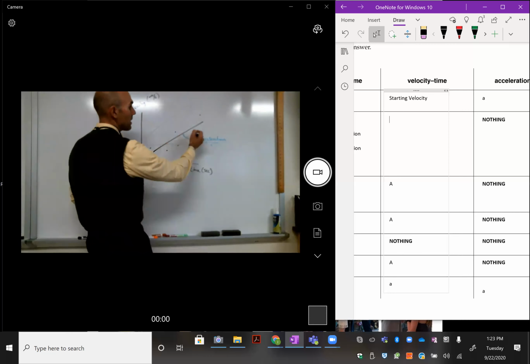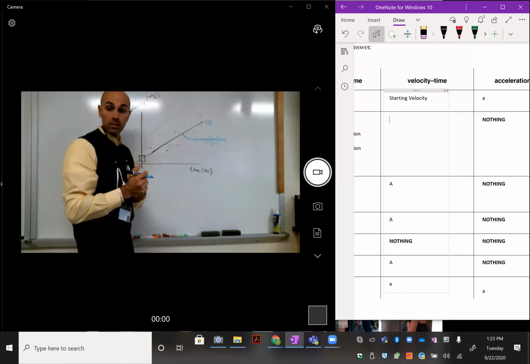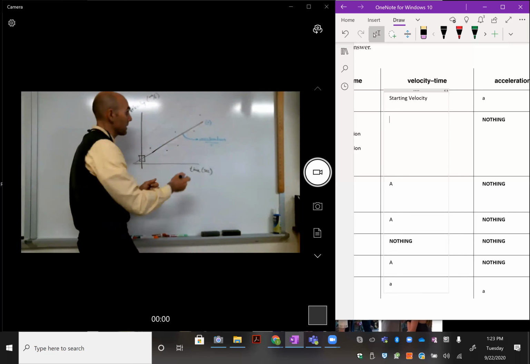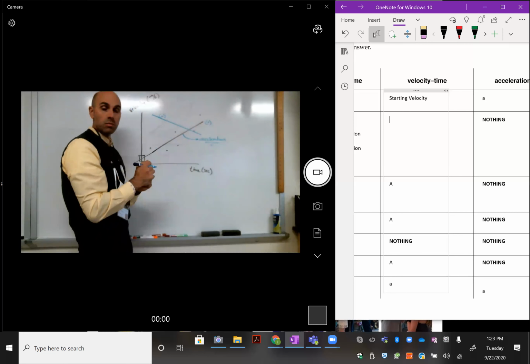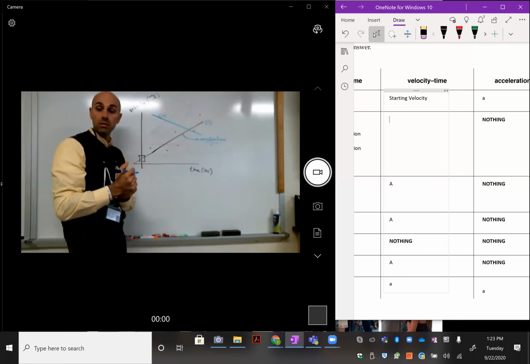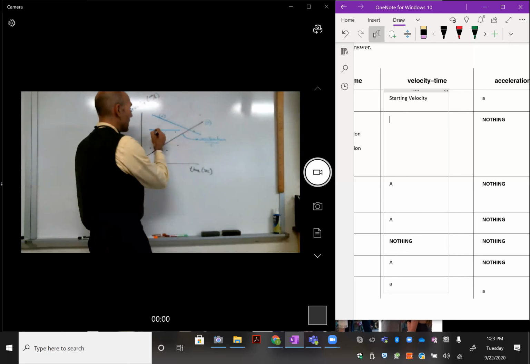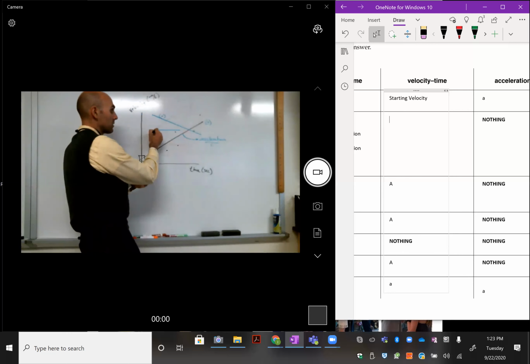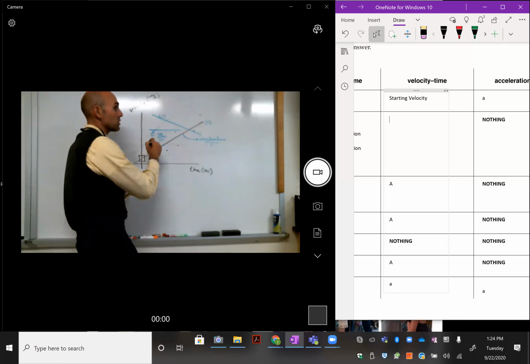From here, we can have a positive slope, which means we have a positive acceleration, an acceleration in the positive direction. Here we can have a negative slope, right, which means an acceleration in the negative direction, a deceleration. And then here we can also have the zero slope, which means no acceleration.